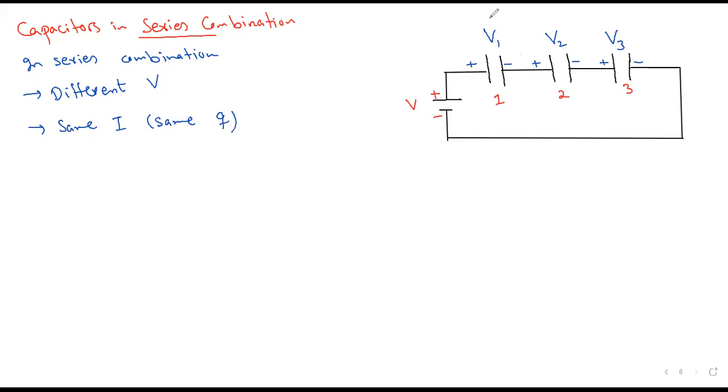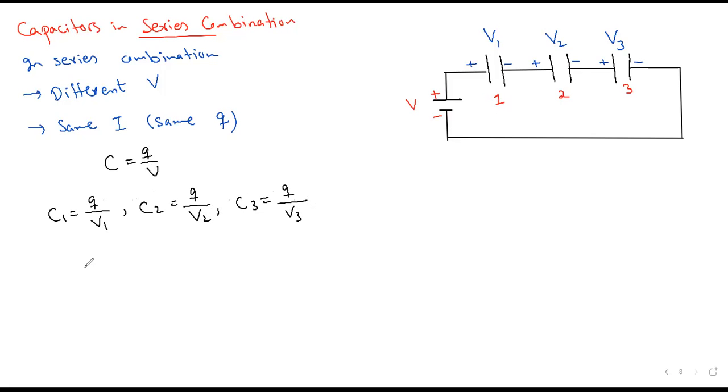Since C is equal to Q by V, C1 is equal to Q by V1, C2 is equal to Q by V2, C3 is equal to Q by V3.